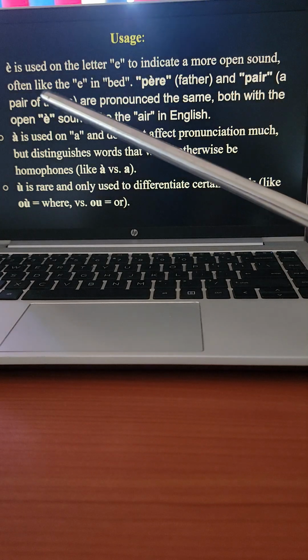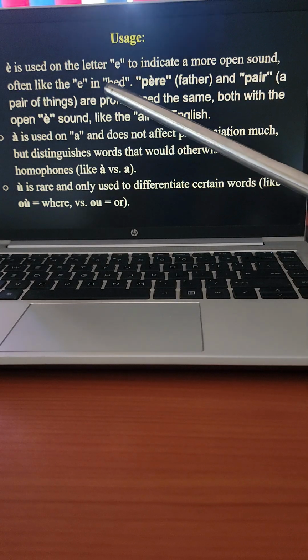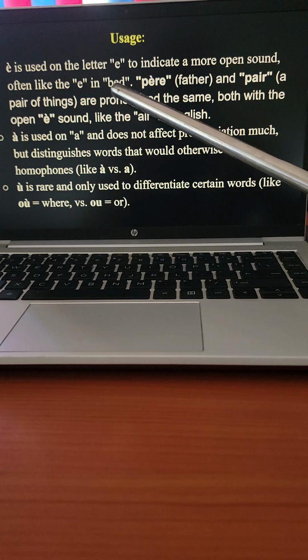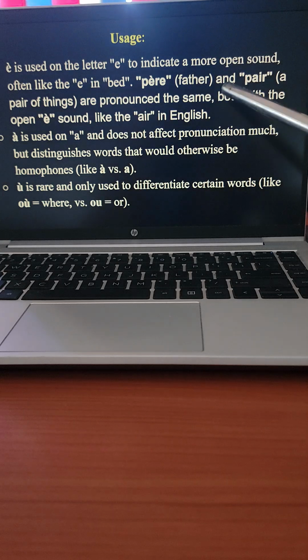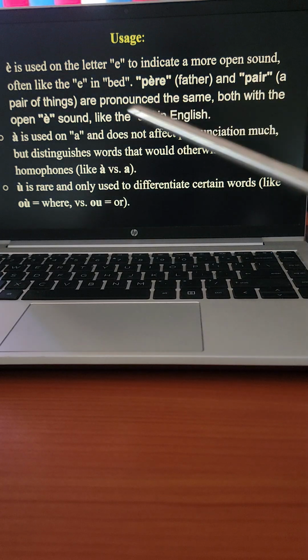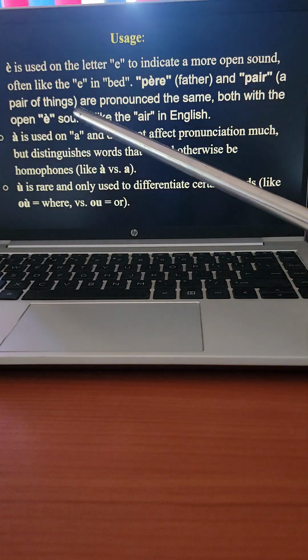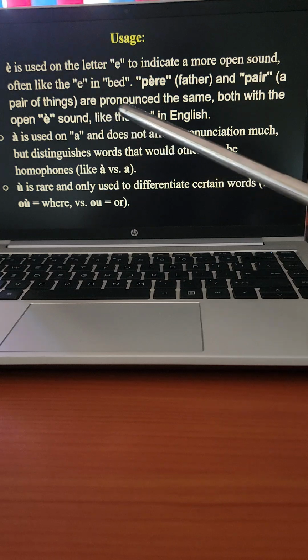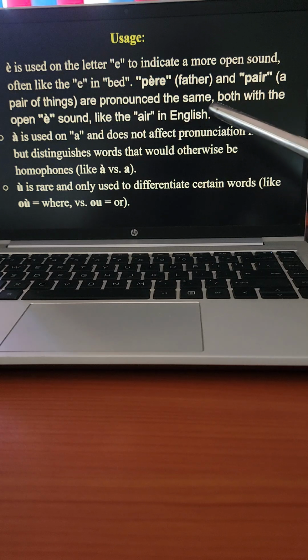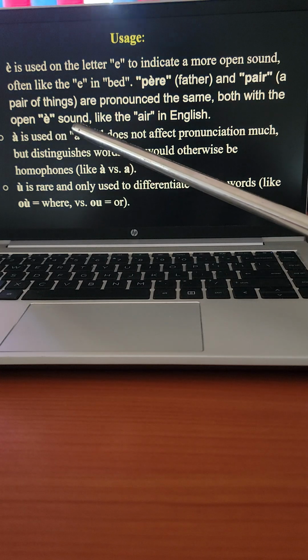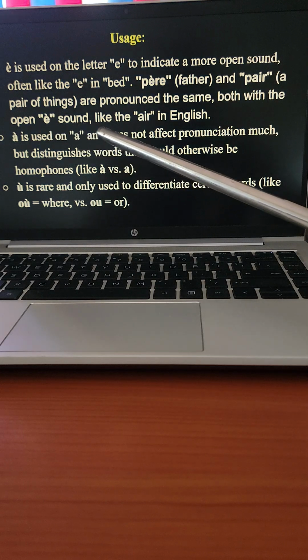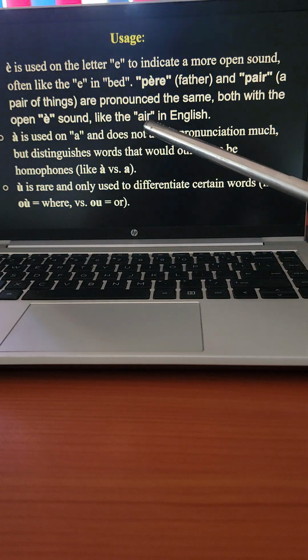Often like the E in bed, like bear, which is father, and pair, a pair of things. You see, these two are pronounced the same, both with the open sound, like the air in English.